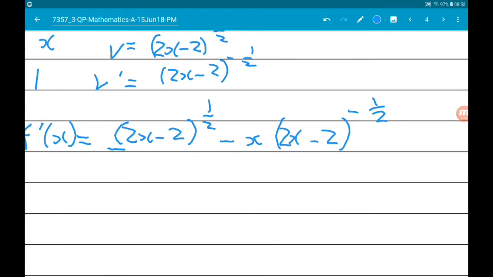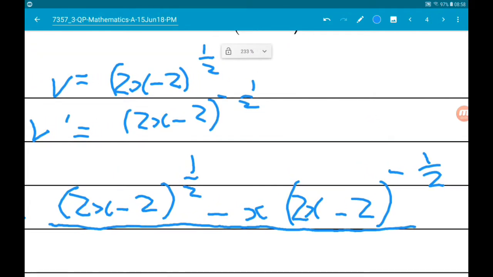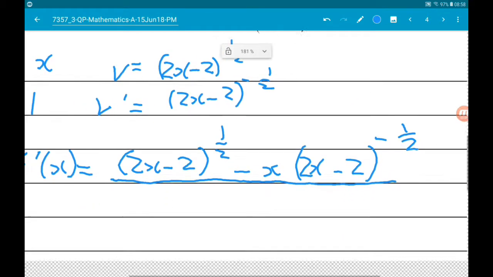So all over, now v squared is just going to be 2x minus 2 to the power of 1.